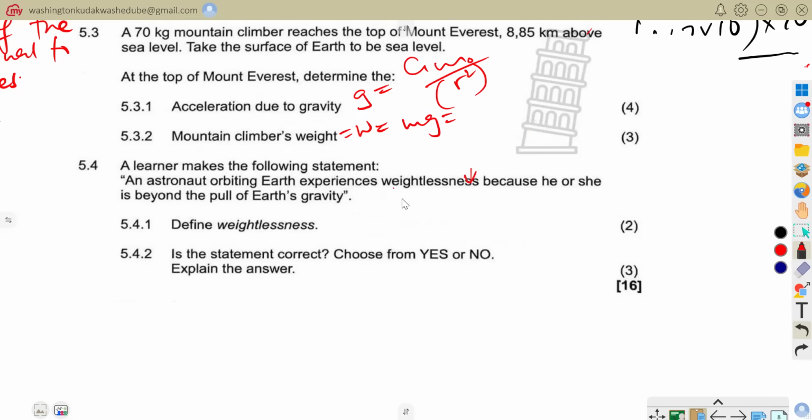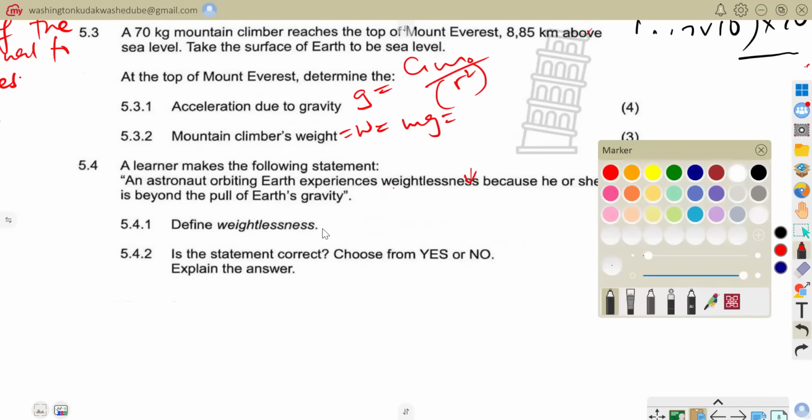This is the tendency of you not feeling any force of attraction towards you. That is the sensation experienced when all contact forces are removed. That sensation that you are not feeling any force of attraction.